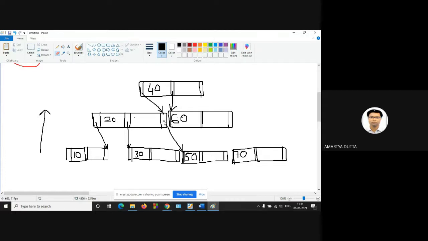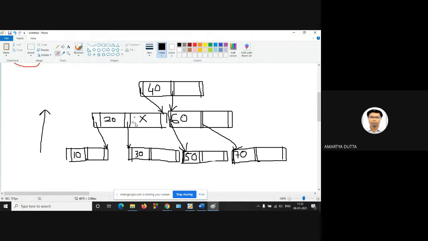Yes, because this particular node is vacant, so just delete this connection and make this one and this one. Okay.